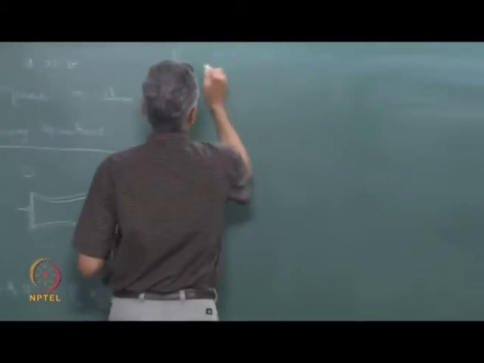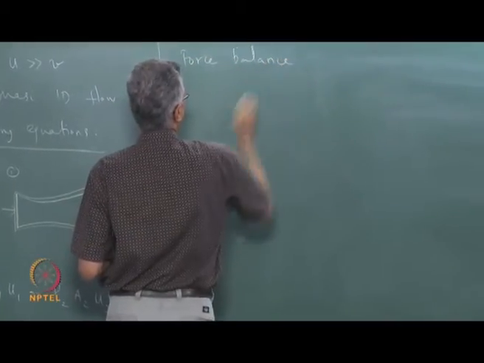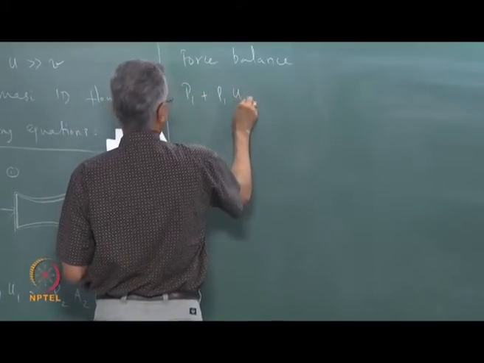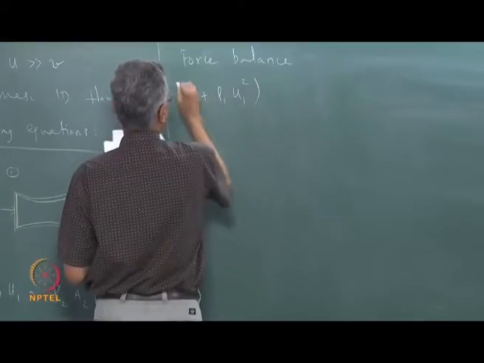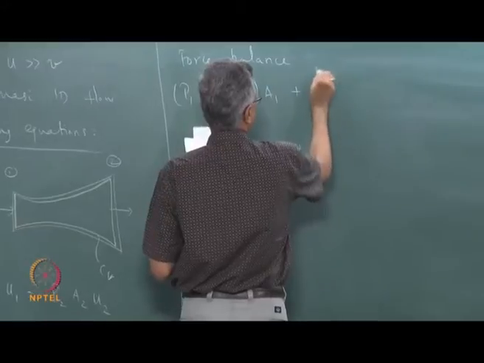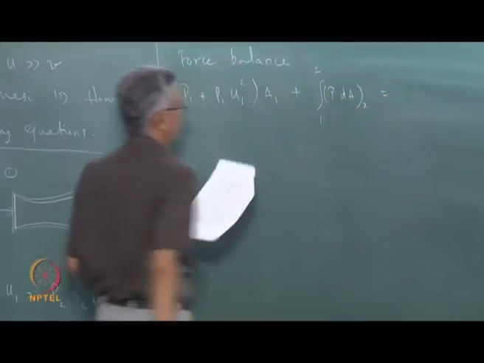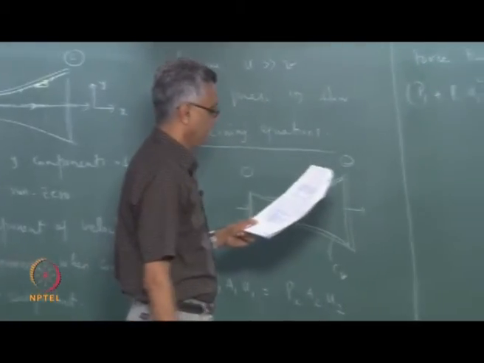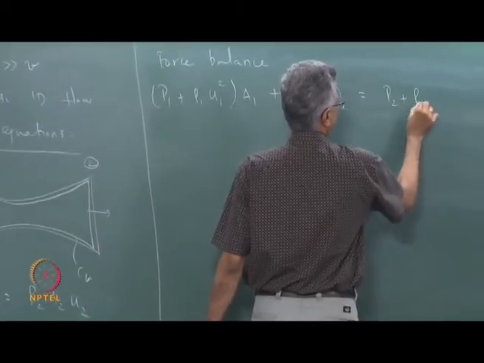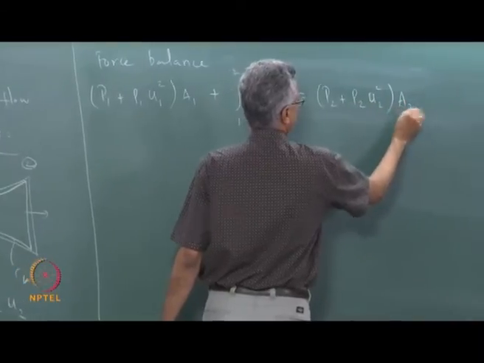So, I can write this force balance as P1 plus rho 1 U1 square times A1 plus integral 1 to 2 P dA, let us say that we take the x component of this force, is equal to P2 plus rho 2 U2 square times A2.